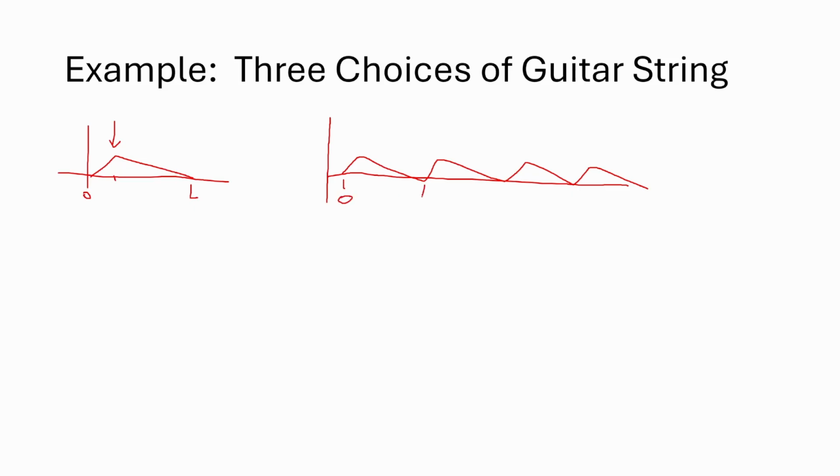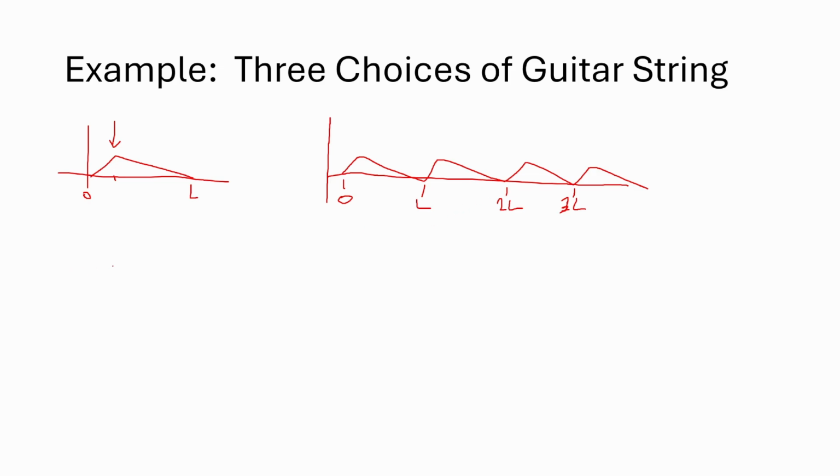So, 0, L, 2L, keep the period the same. And then you can take this and calculate its sine and cosine frequency components with this version.